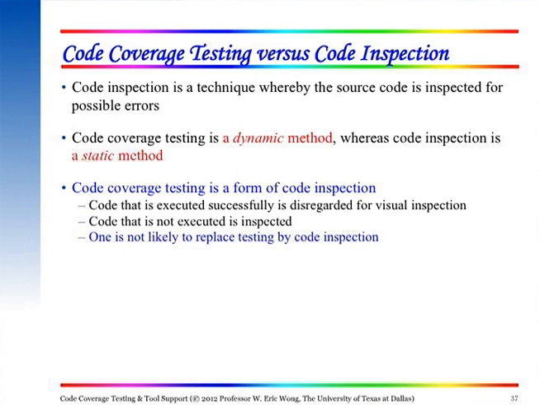What's the difference between coverage testing and code inspection? Code inspection is static: you go and look at the code. You print out the source code and actually read it.